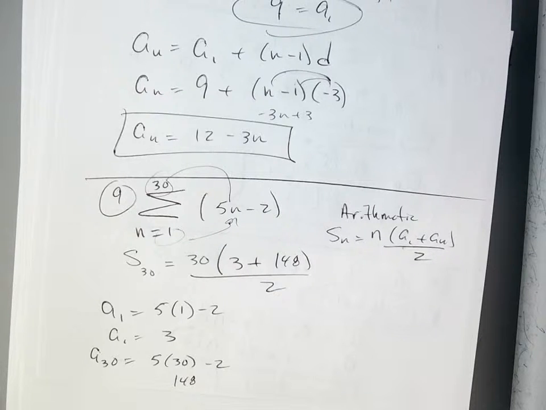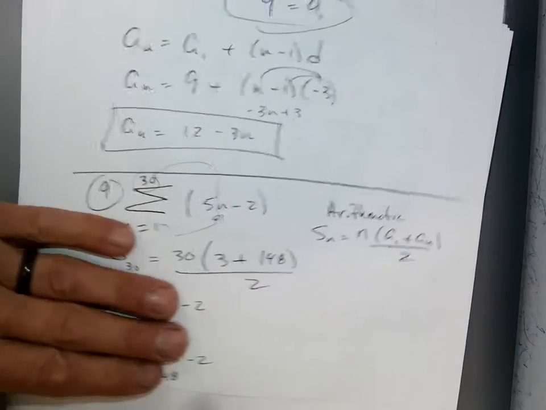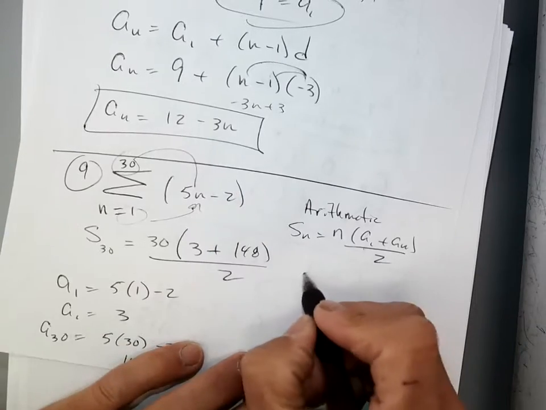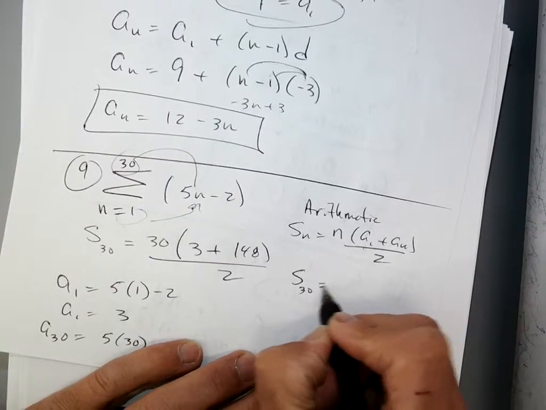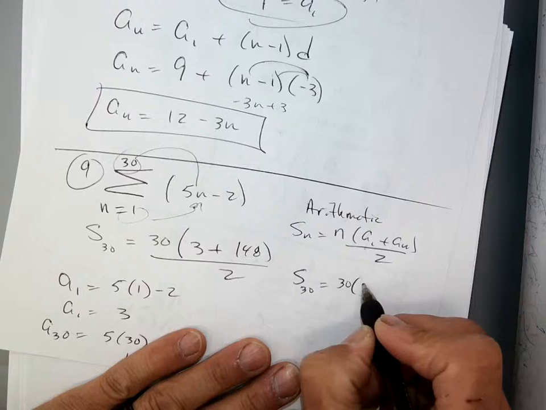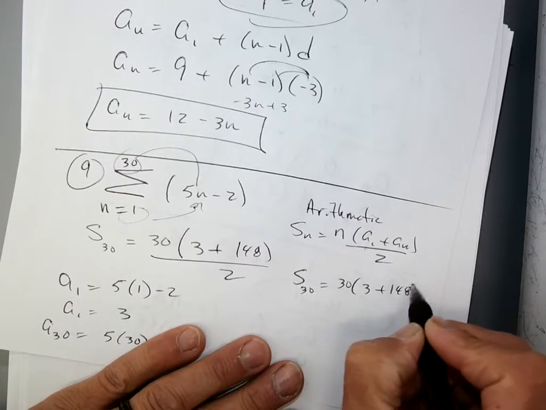A of n is the 30th term, so I plug in 30. 5 times 30 is 150 minus 2 is 148. So 148 goes in, okay? So now I'm going to use my formula, and I'll rewrite it below, so it might be easier if you see below. S of 30 equals 30 times 3 plus 148 divided by 2.